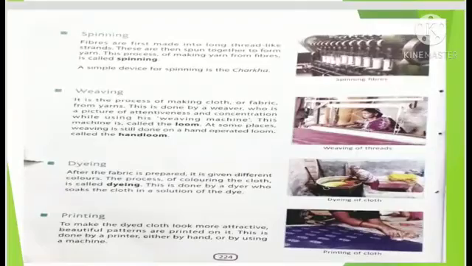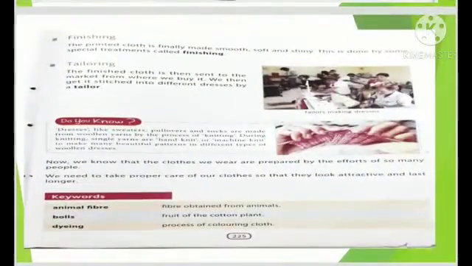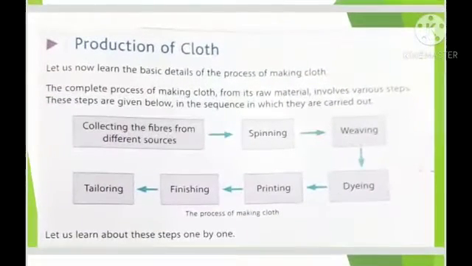Page numbers 223, 224, and 225 are all about our today's topic, production of cloth. Let's now learn the basic details of the process of making cloth. In the production of making clothes, various steps are there, from collecting fibers from different sources up to tailoring.